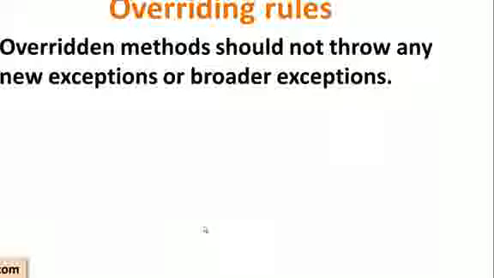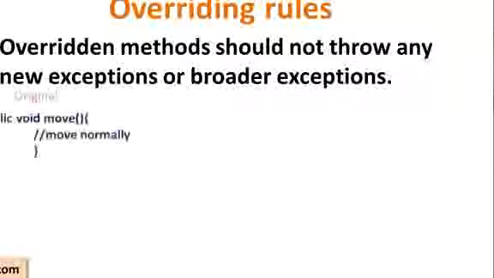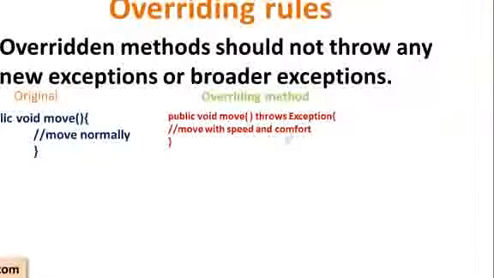The next rule you have to remember is that an overridden method should not throw new exceptions or broader exceptions. That means I do not have any exceptions here for the original one, but I cannot throw a new exception, because, thinking that the original method does not throw exceptions, the calling methods would not have implemented the try catch block in their calling area.